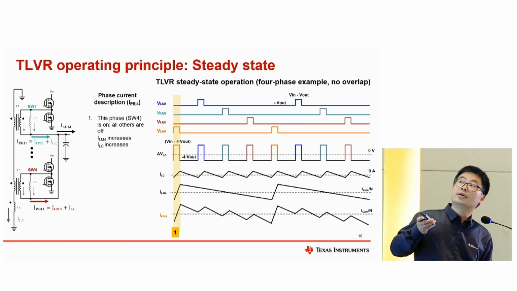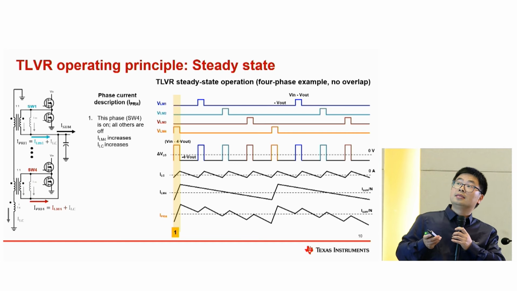And for the other phase it is just about minus V out. Then we add all the voltages here, so we can see that the voltage at the LC inductor is about V in minus 4 times V out.